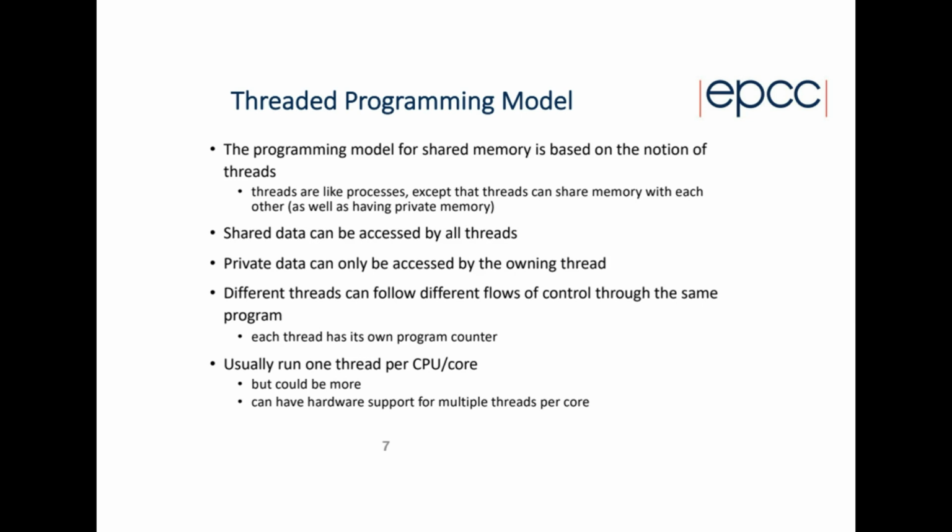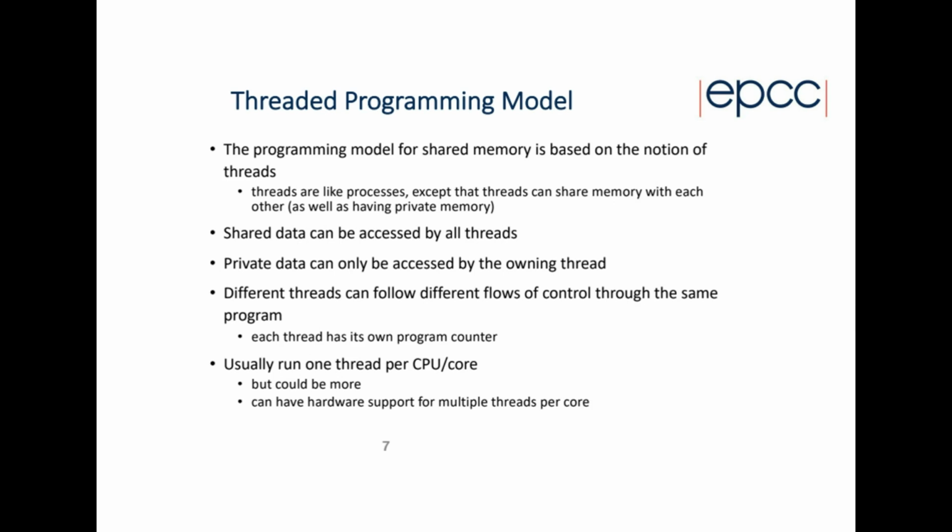So in this programming model, we end up with two types of data. There is shared data, which can be accessed by all the threads, and then there is private data, which can only be accessed by the owning thread. This is entirely a software level construct.